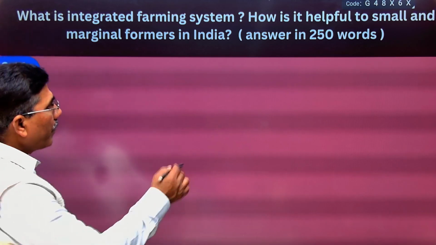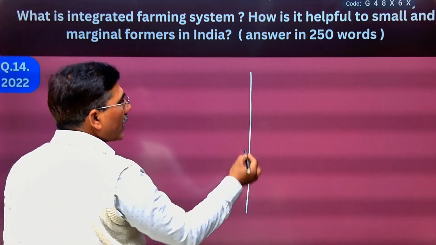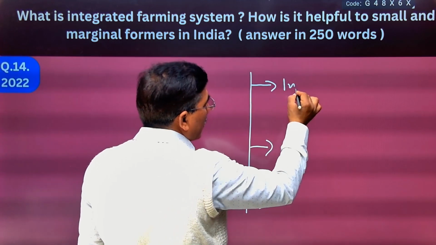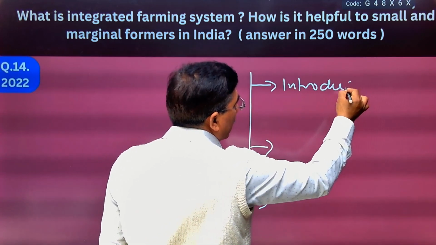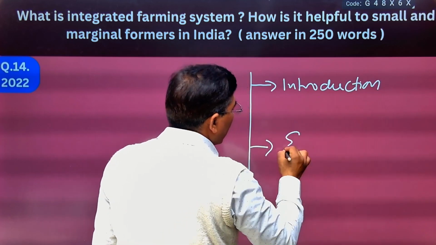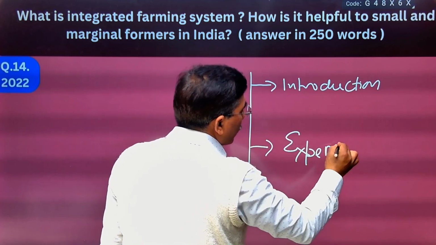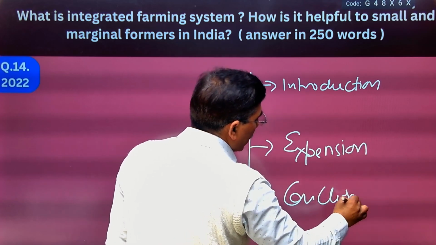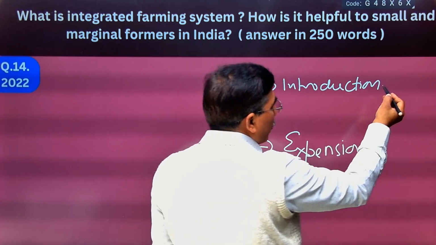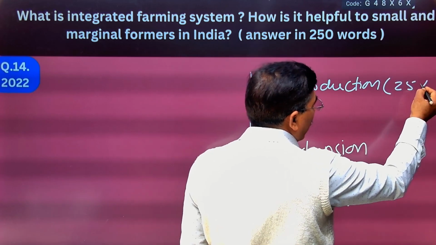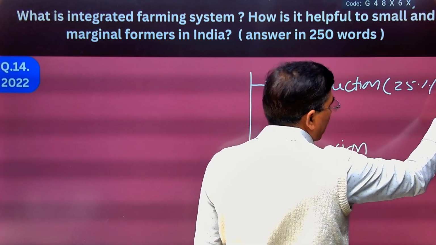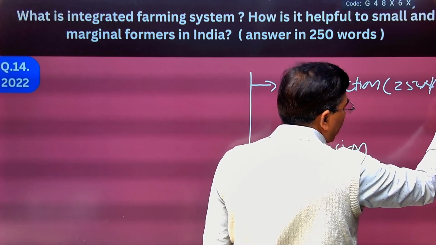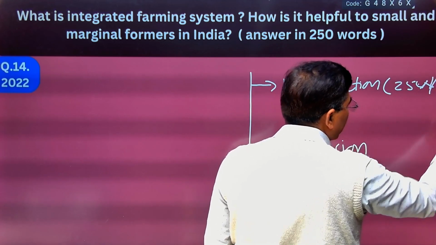First, you frame this question. There are three parts of this question: introduction, expansion, and conclusion. As you know, student, you have to write 25 words, or 10% of the word limit, in the introduction.